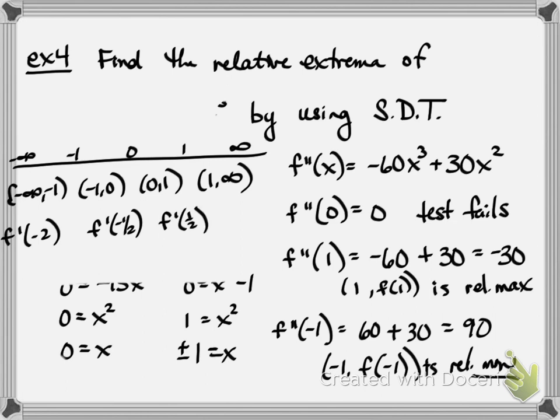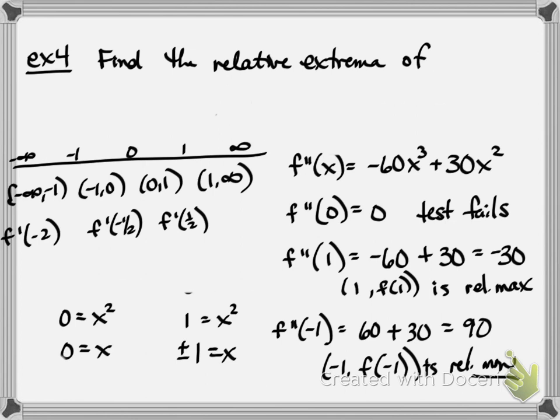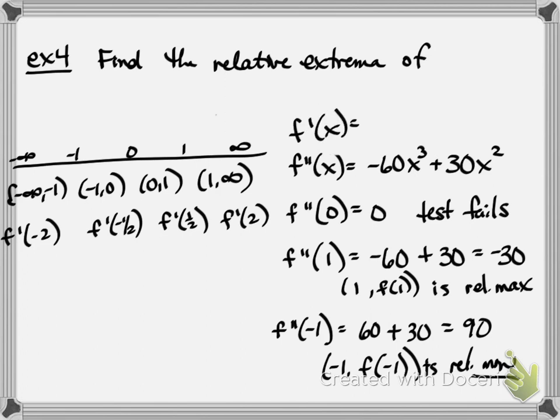And if it was, let's see, oh, I've already erased my first derivative. I have it written down though. It was negative 15x to the fourth plus 15x to the second.